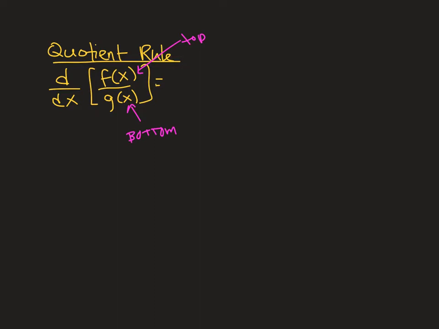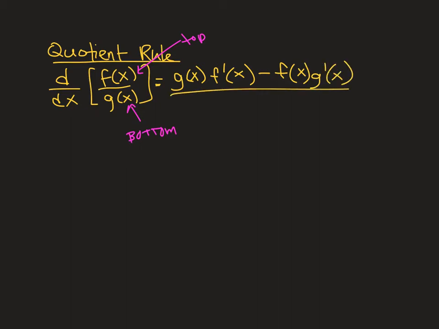So first of all, you're going to do the bottom one, which is g of x, times the derivative of the top, so f prime of x, minus the top thing, f of x, times the derivative of the bottom part of the fraction, g prime of x. Then in the denominator, you're going to have g of x squared. We don't take the derivative of that bottom part.